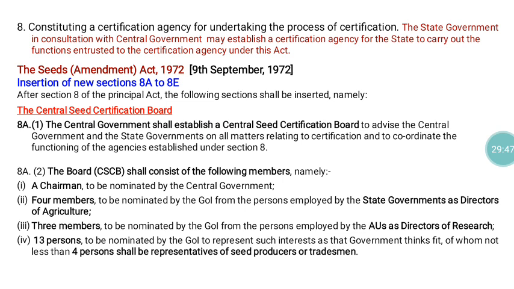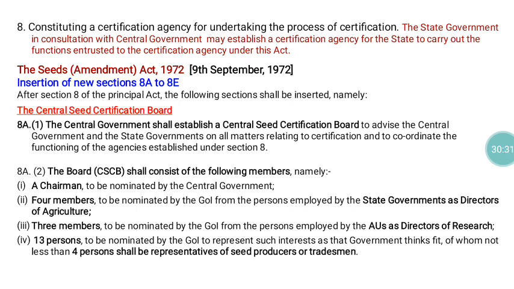8A1 mainly deals with the central government being empowered to establish a Central Seed Certification Board, whereas originally the provisions were there only for creation of the state seed certification board. Through that amendment, in 8A subclass 1, the central government shall establish a Central Seed Certification Board mainly to advise the central government and state government on any matter regarding certification, and to coordinate the functions of the agencies established under Section 8.